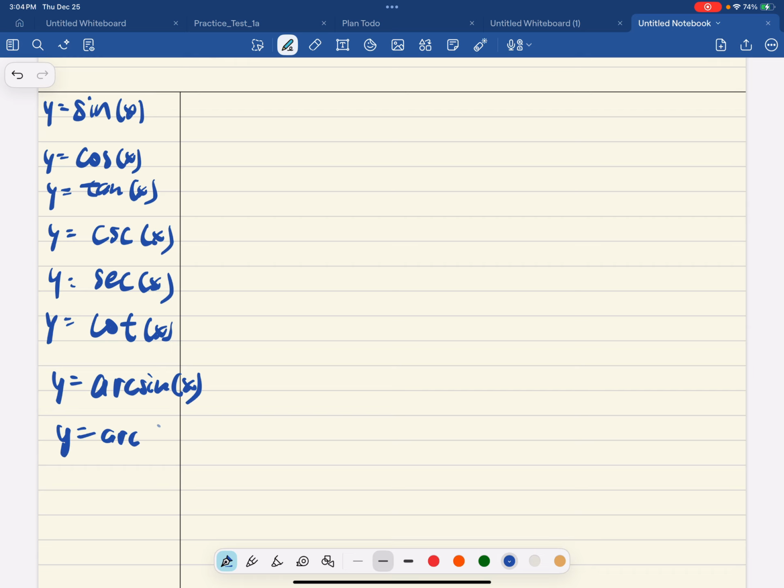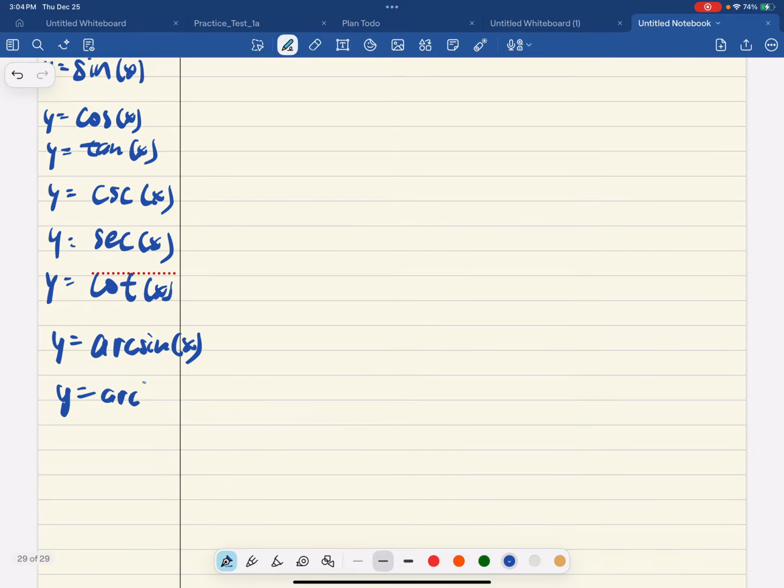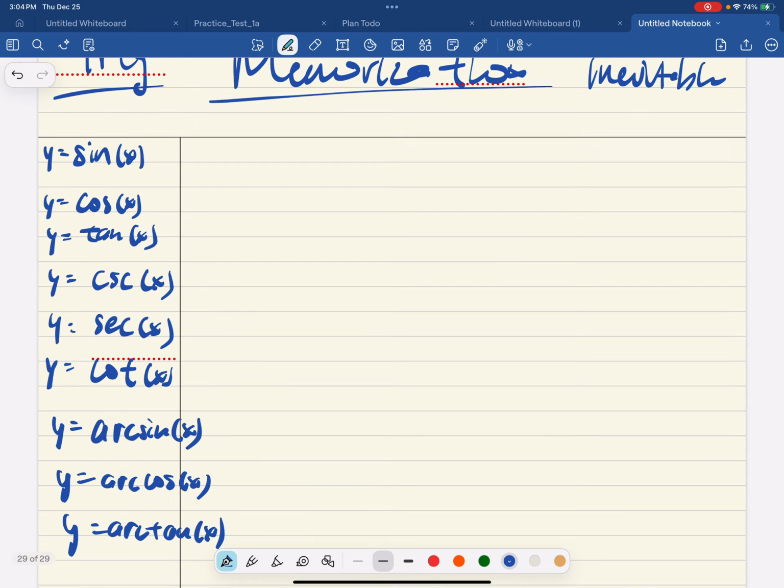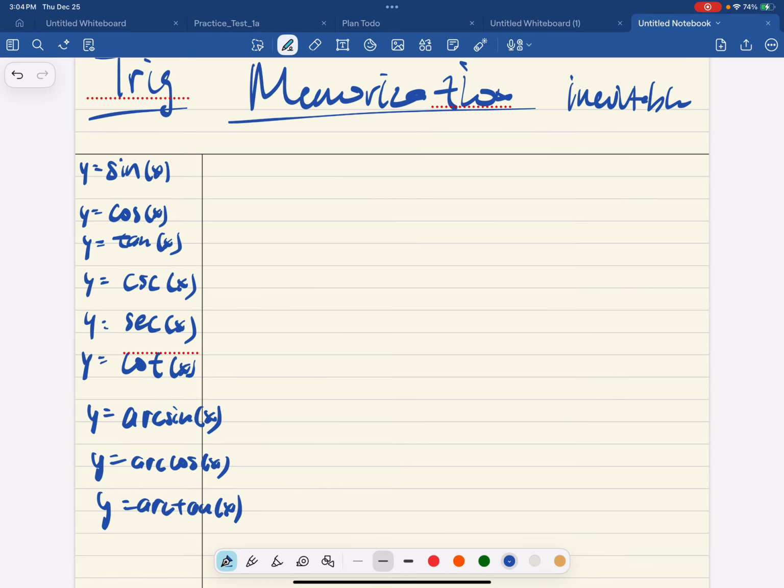We don't have to know arc secant or arc cosecant. Those are taken out from my course, but maybe not in your CGEP. Arc sine, arc cos of x, and finally arc tan of x. Those are what we had to memorize in terms of derivatives.